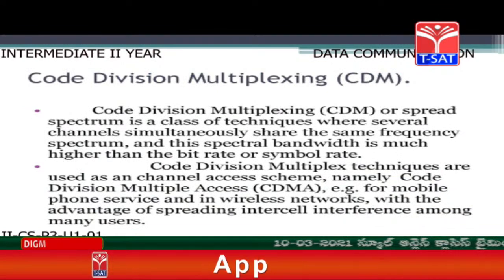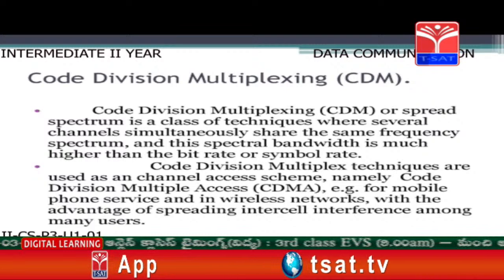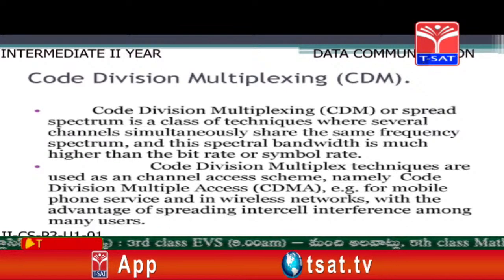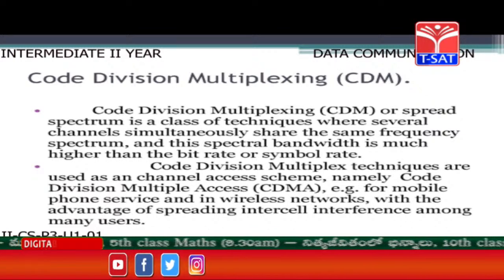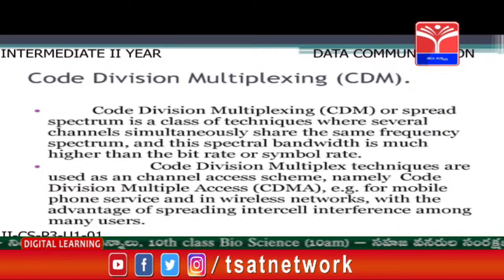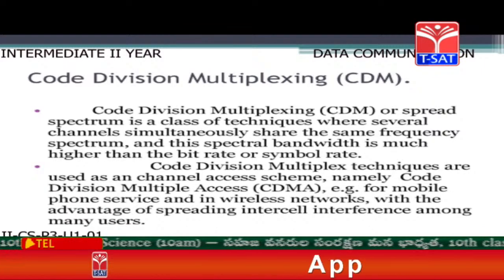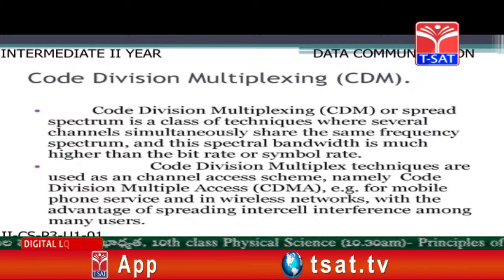Next, code division multiplexing. Code division multiplexing or spread spectrum is a class of techniques where several channels simultaneously share the same frequency spectrum, and this spectral bandwidth is much higher than the bit rate or symbol rate.